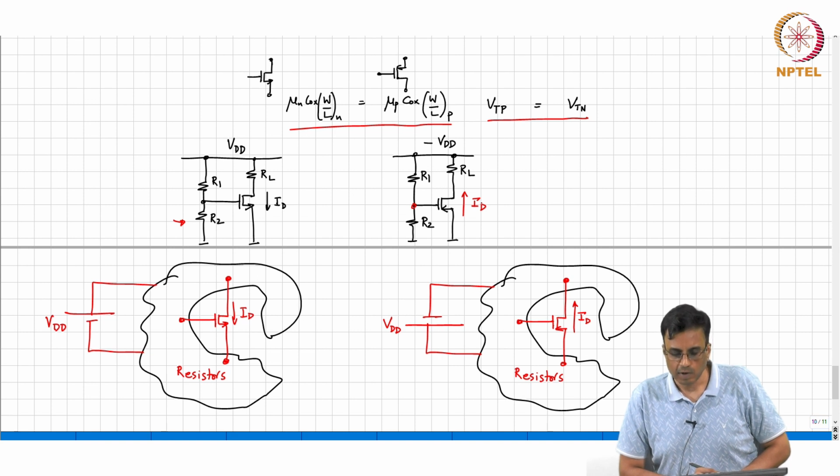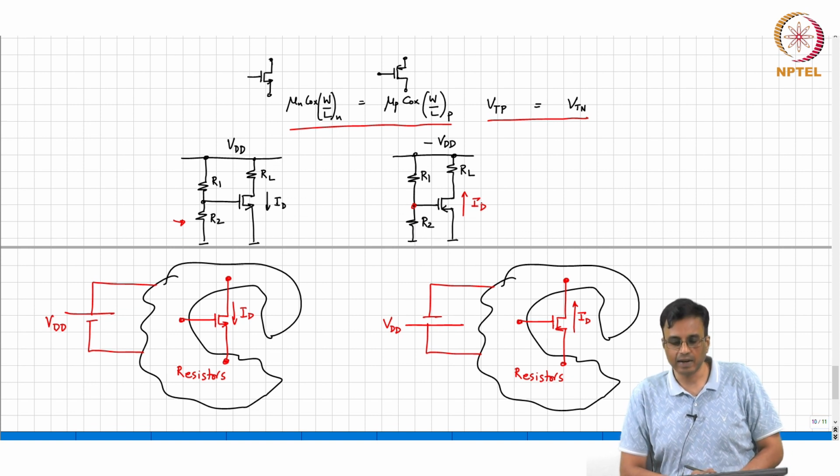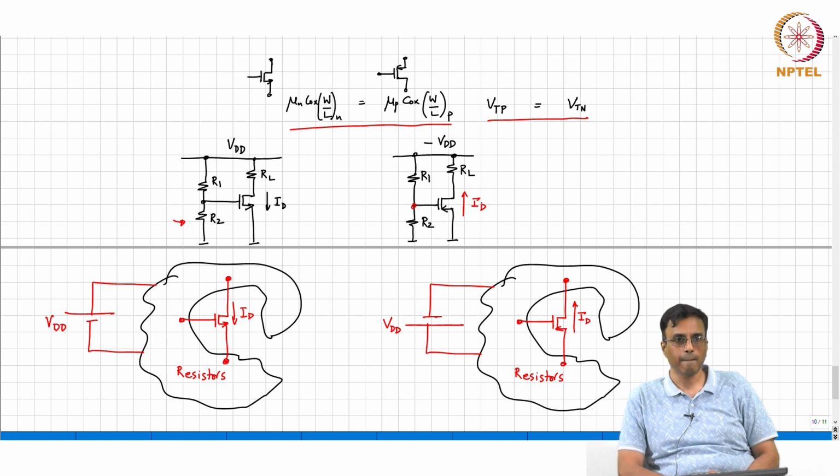Alright, but of course we don't like negative voltages. All the voltages, I mean, the highest potential is 0 and the lowest potential is negative VDD, which we don't like.